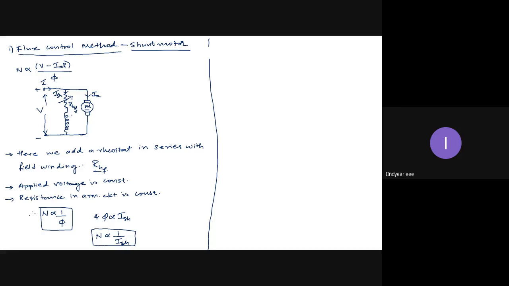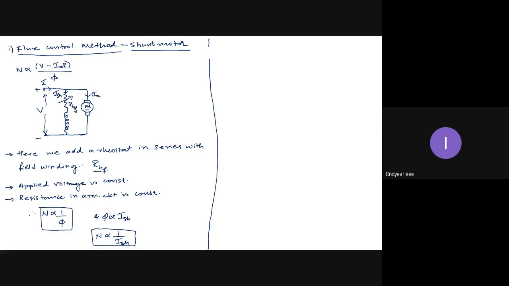Now I want to control the speed. I want to vary the speed. The only possible variation of the rheostat is to increase the value of resistance. I can't decrease below 0. Now I can increase it. When I increase the rheostatic resistance RHF, my ISH goes on decreasing, because this rheostat is in series with the field.